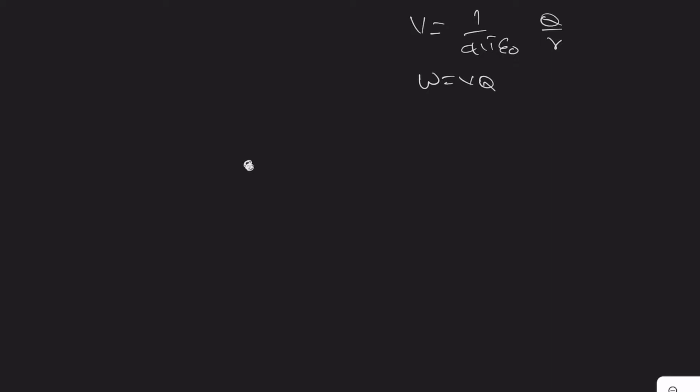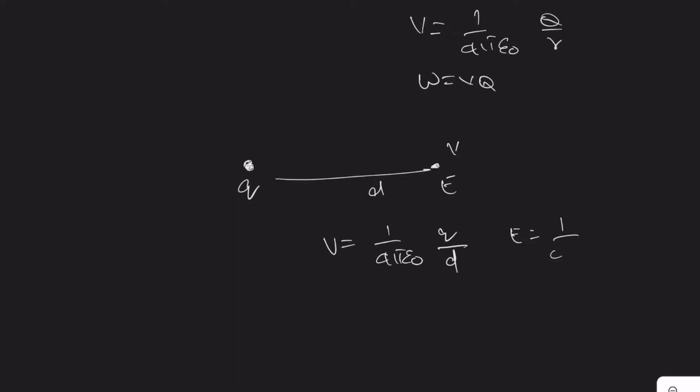Suppose a charge is there at a distance d. It has electric field E and its potential is V. We know the V formula is 1 by 4 pi epsilon naught q by r, but in place of r we take d here, and E formula is 1 by 4 pi epsilon naught q by d square.